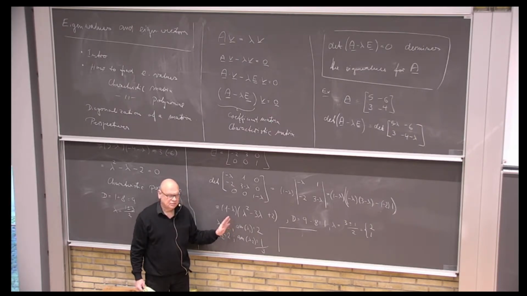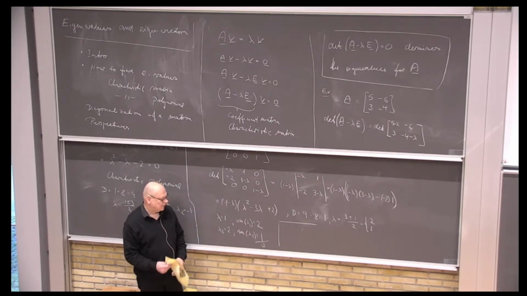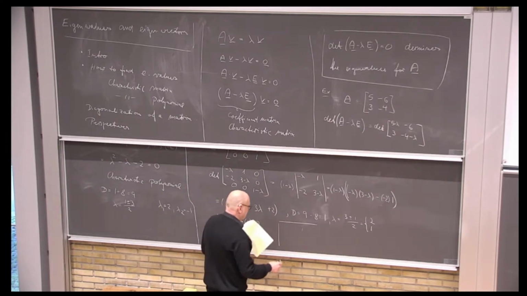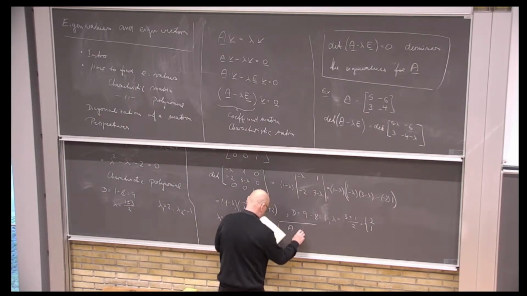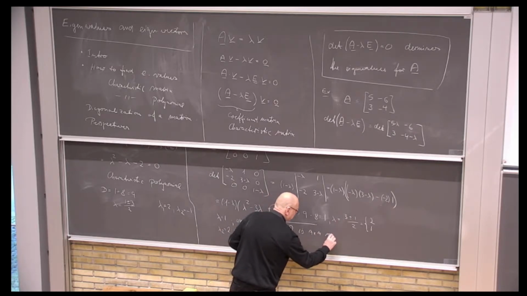Well, they could be real or complex, but it always has n solutions because it's an n order polynomial, and if you count multiplicities, then it has. So I can write here: A is an n by n matrix.